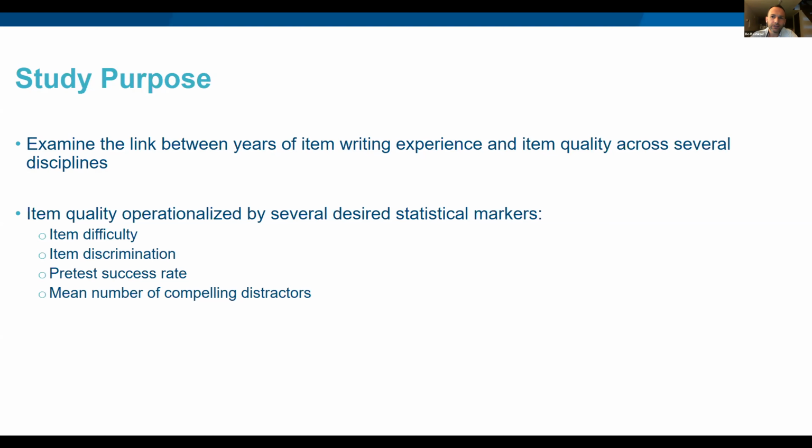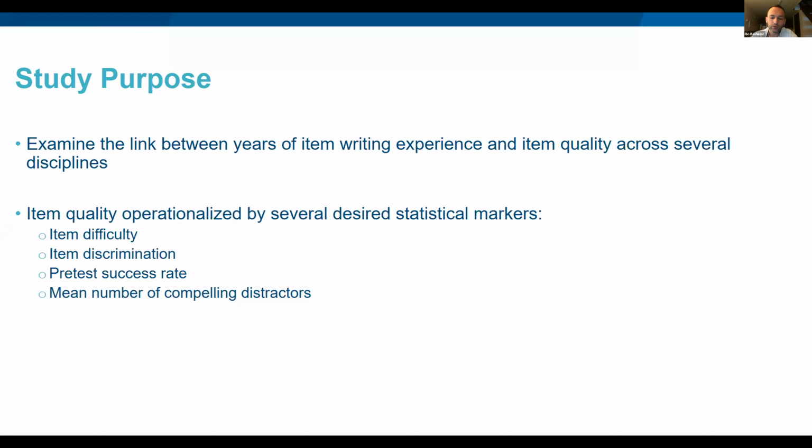Now, item difficulty is not really an indicator of item quality per se, because you can have a very easy or a very difficult item that is just fine from a content perspective, maybe desirable to put on an exam, but we were interested to look at difficulty for any systematic trends as item writers gain more experience.